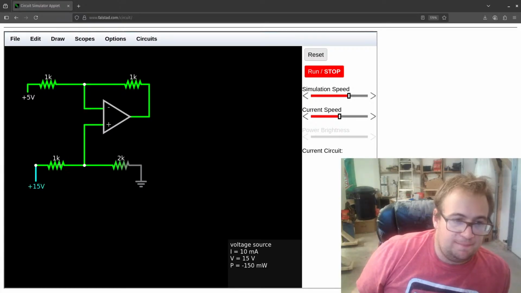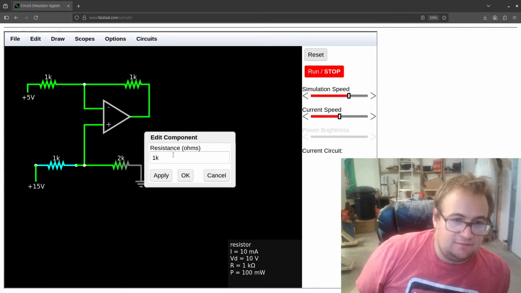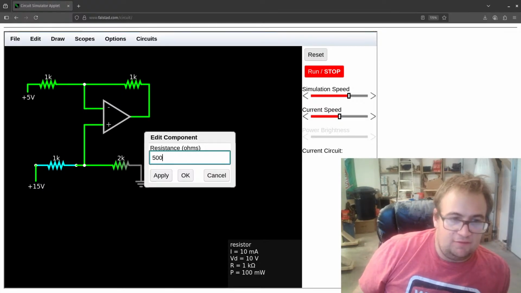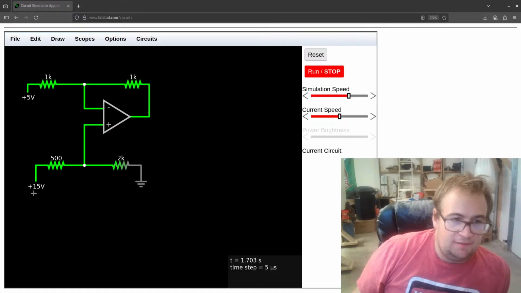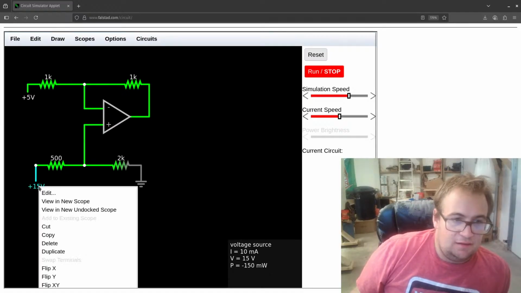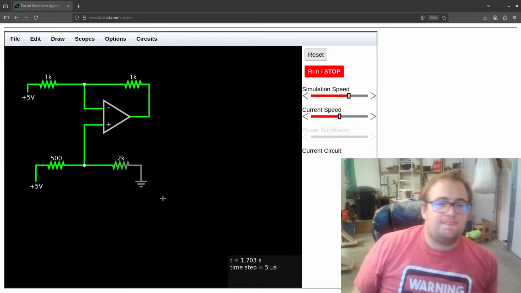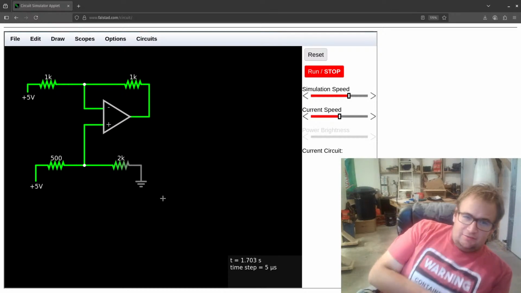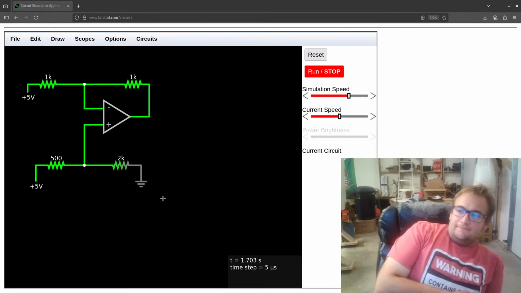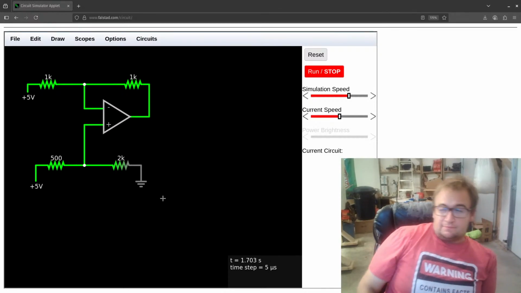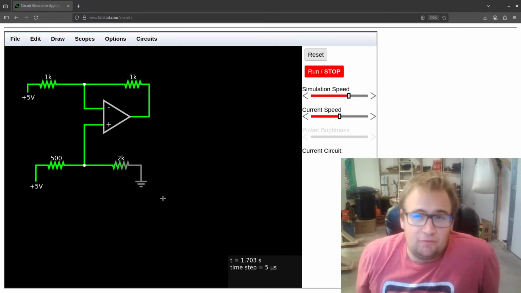Apply. Okay. Move this down to, I don't know, 500. Okay. And change this back to 5. We'll go back to 5. Okay. So that's 2.5K. And we have 5 volts.